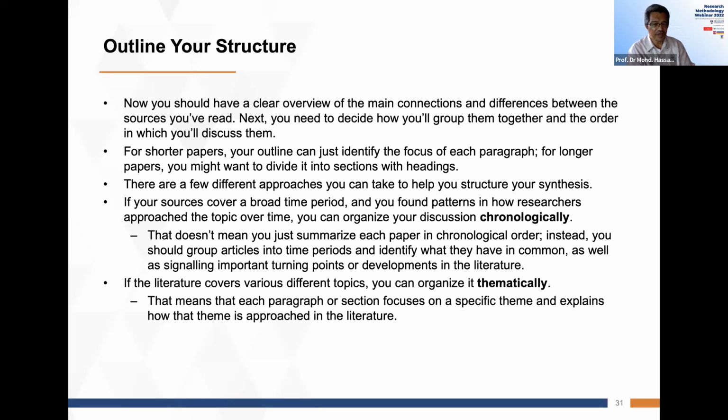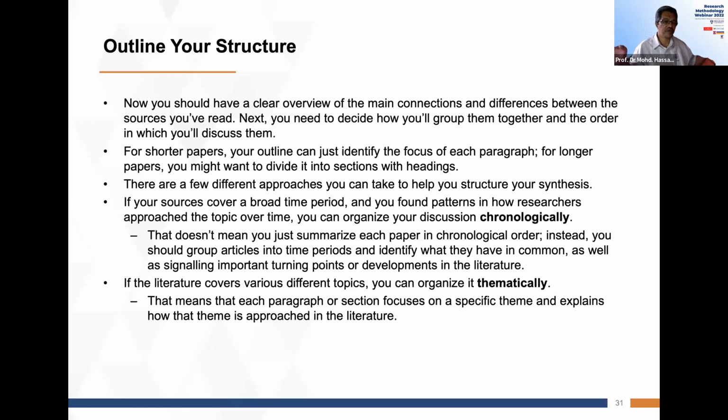If your sources cover a broad time period, for example, you found that the sources cover a 5-year or 10-year study, and you found a pattern in how researchers approach the topic over time, you can organize your discussion chronologically.